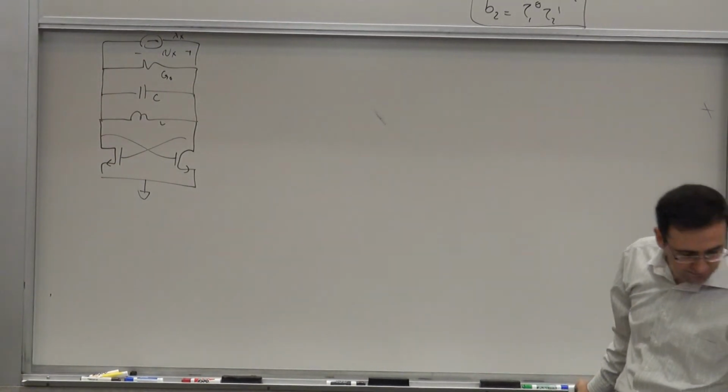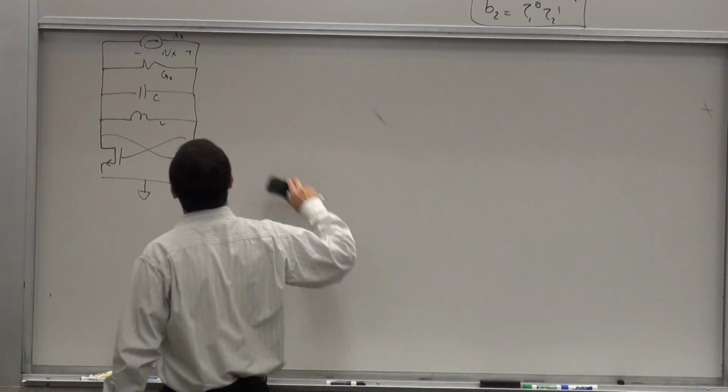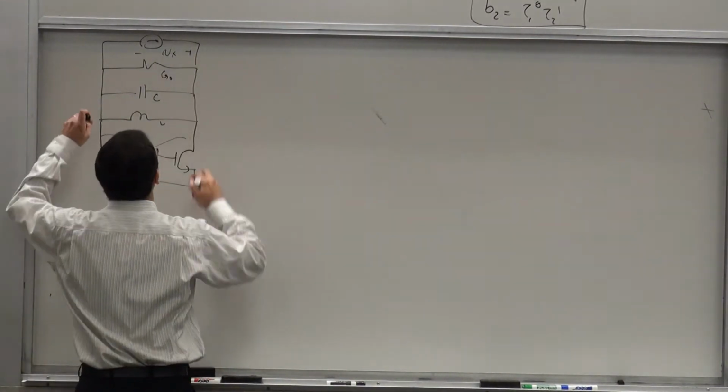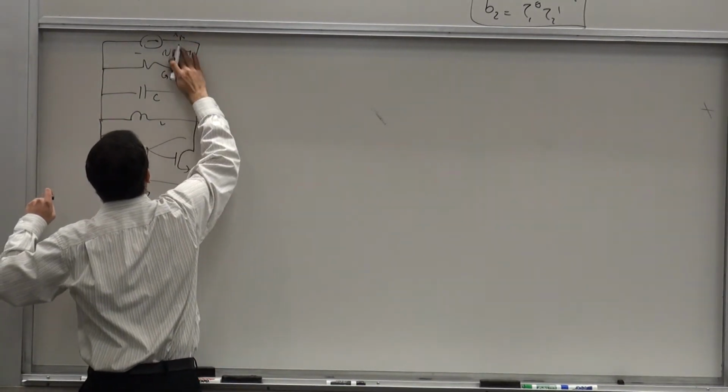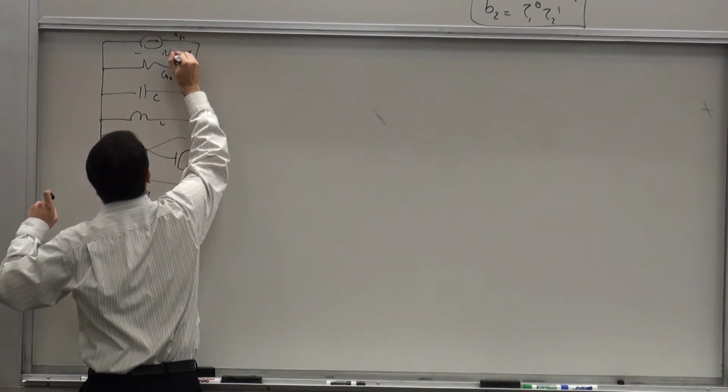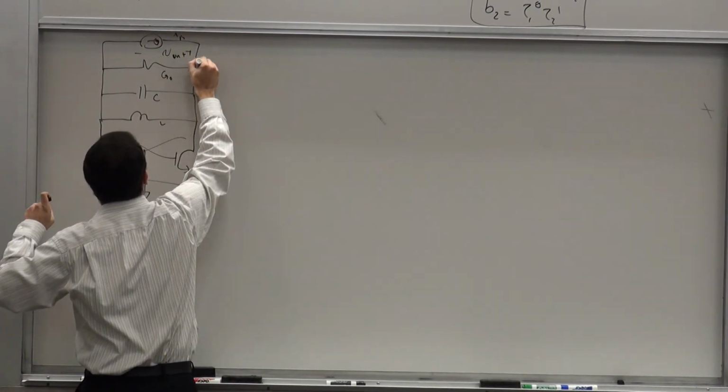Let's call it I in and V out. That's fine. Let's say my input is this current and my output is this voltage.